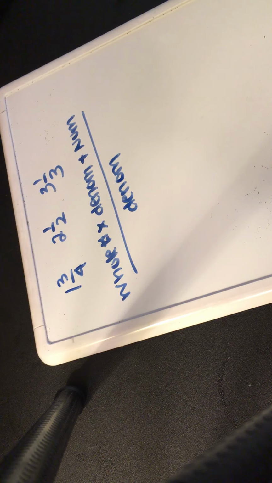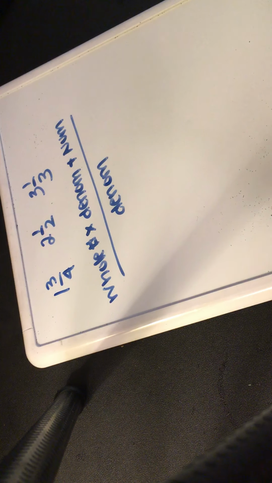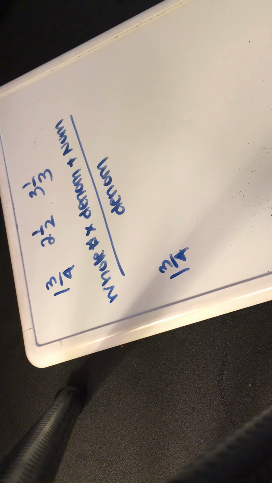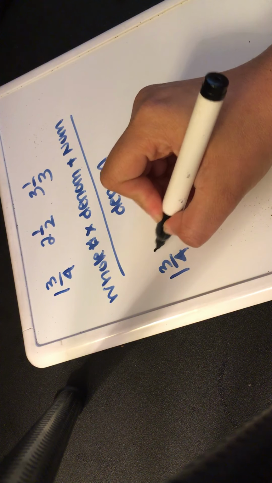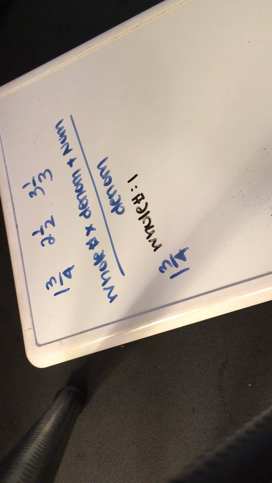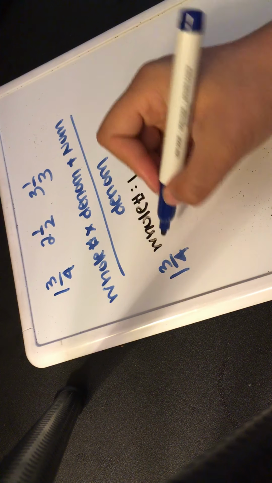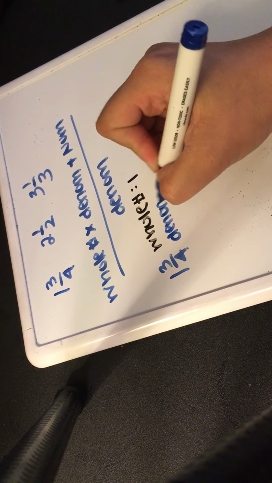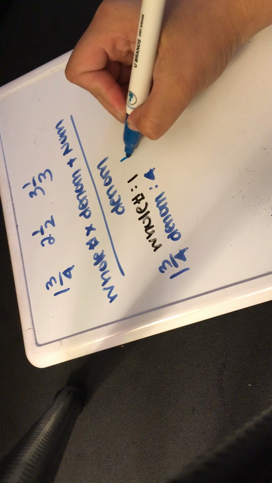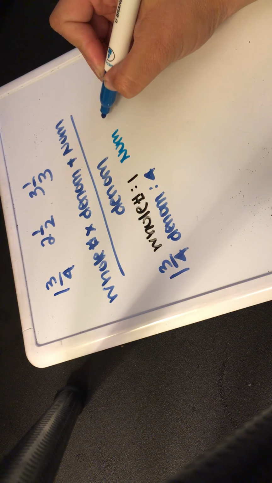So let's do 1 3/4. In order for us to convert, we have to decide what is our whole number. So our whole number is 1. Our denominator is 4. And our numerator is 3.